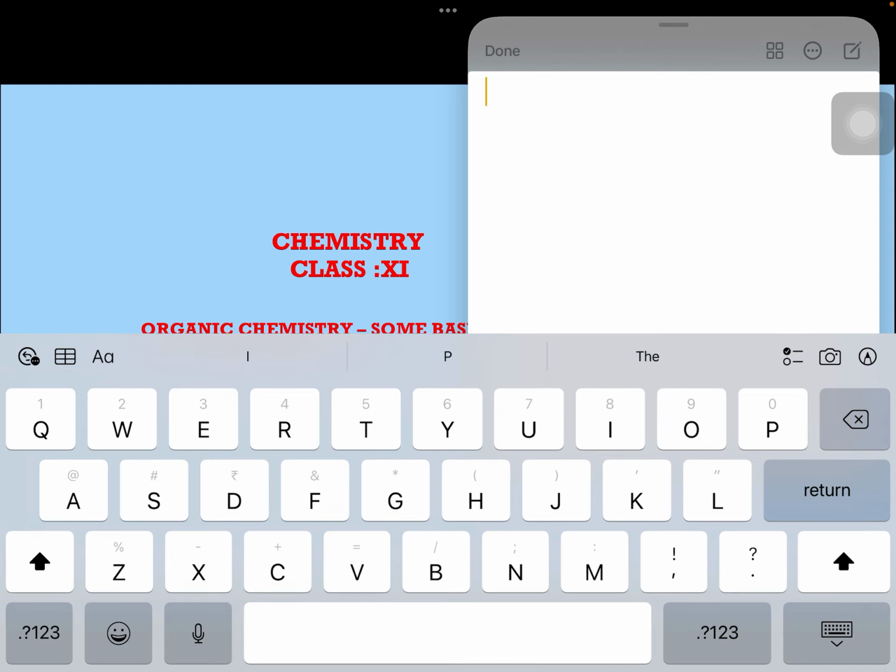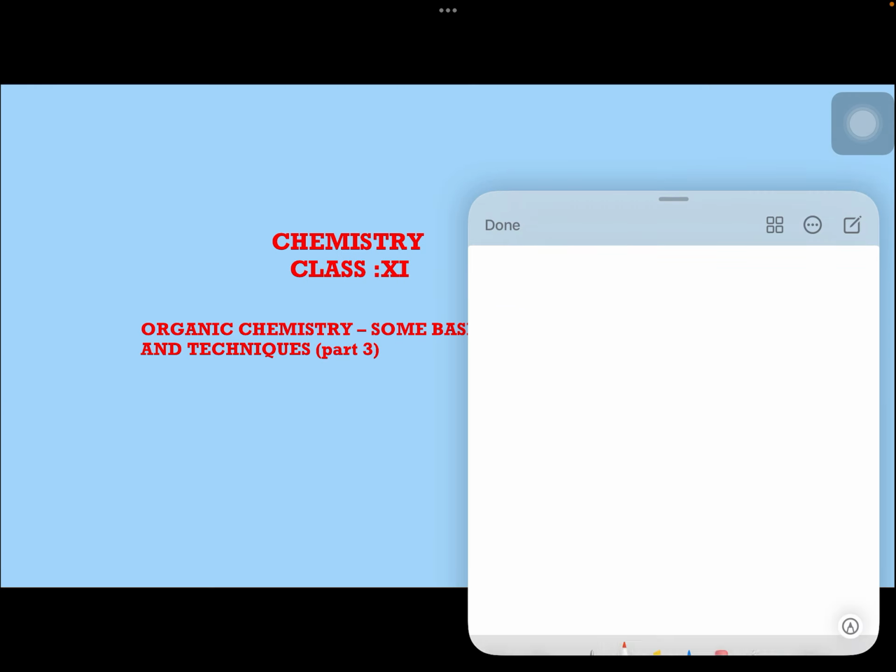Same way, if I have to write the name, let us take something unusual. You know that for ketone there has to be such a compound where the C double bond O is in the middle of two carbons. So you should have at least 3 carbons, and this is clearly propanone.